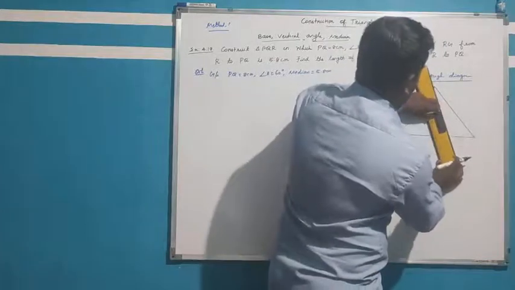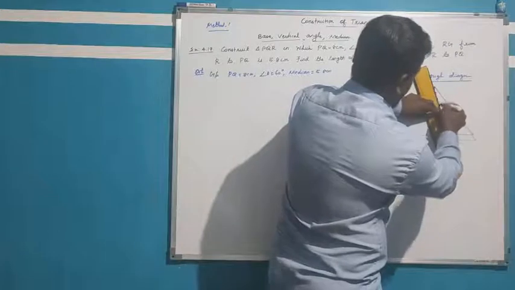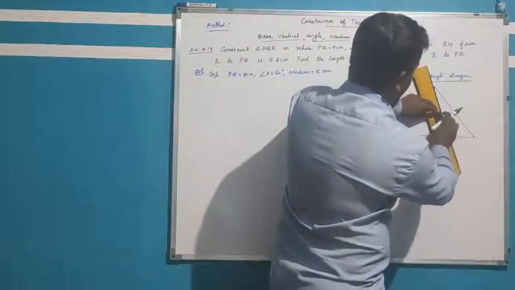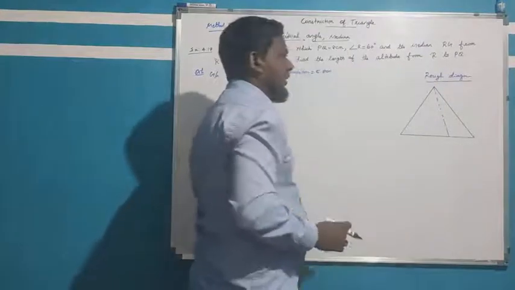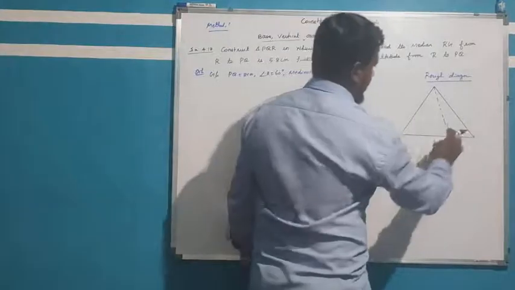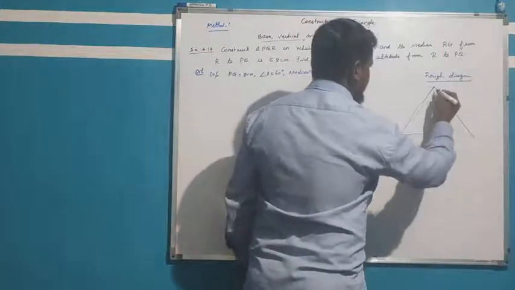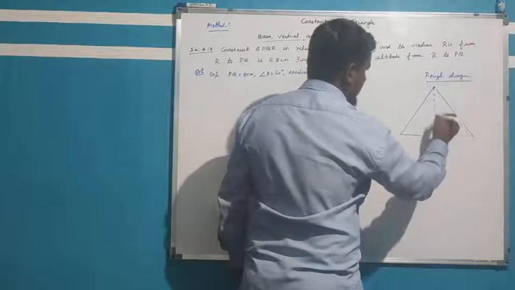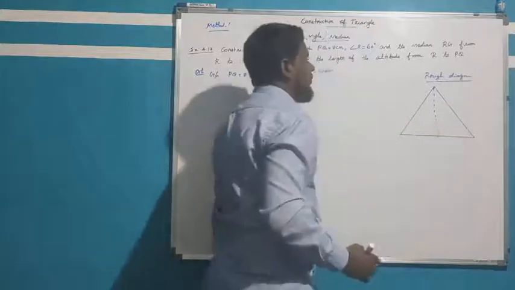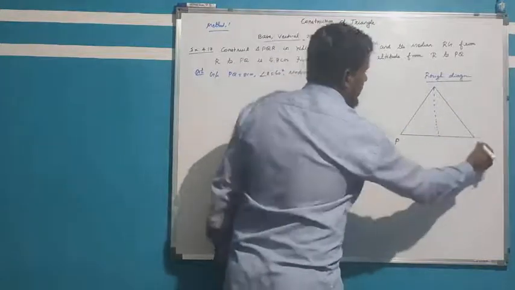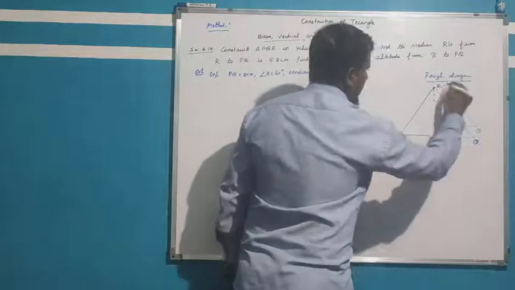Then you have to consider the median. We can use the name triangle PQR now.